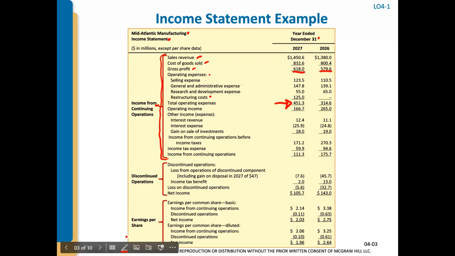Then next we have what's called operating income. We have the net operating income, which is the 618 minus the 451. Then we have other income and expenses, and these are typically items that are from our non-core operations activities, such as gain on sale on investment.